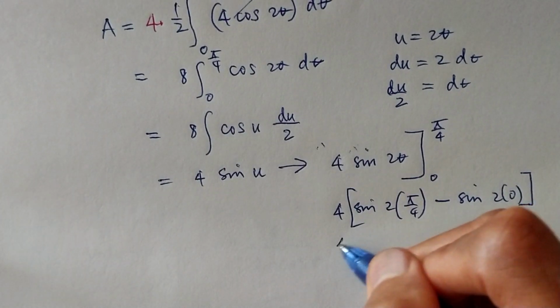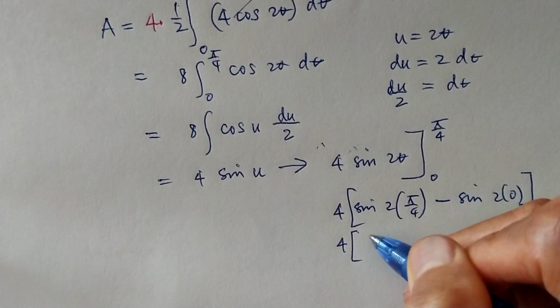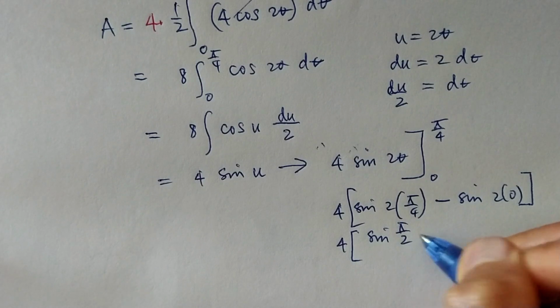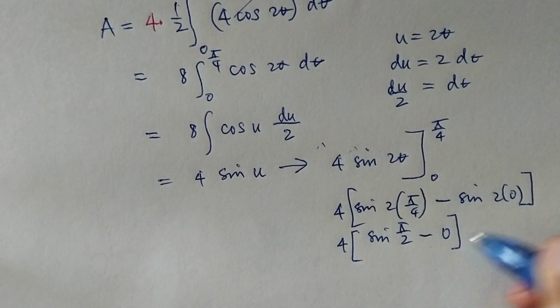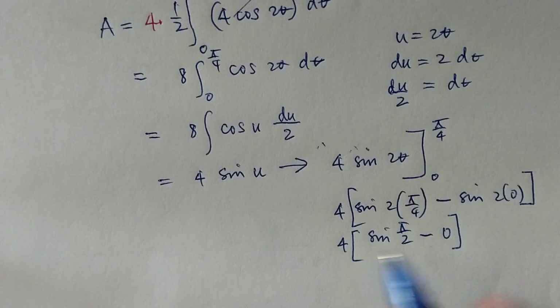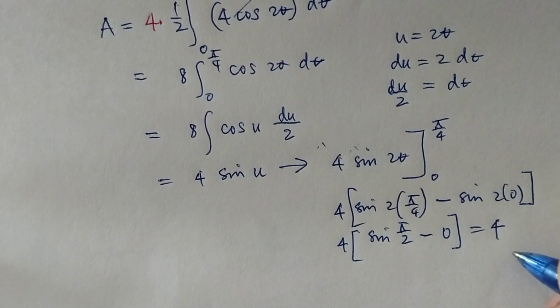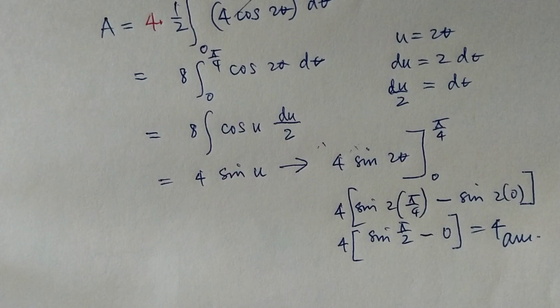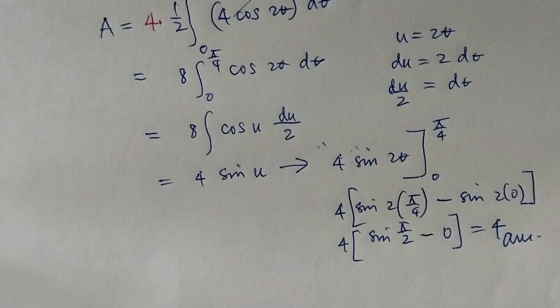Well, this will give me pi over 2, and this will give me 0. Sine pi over 2 is 1. 1 times 4 is 4. So the area of the region inside the lemniscate is 4 square units.